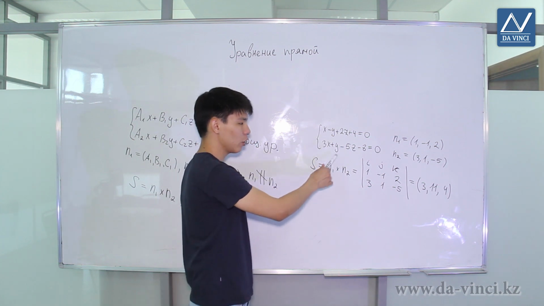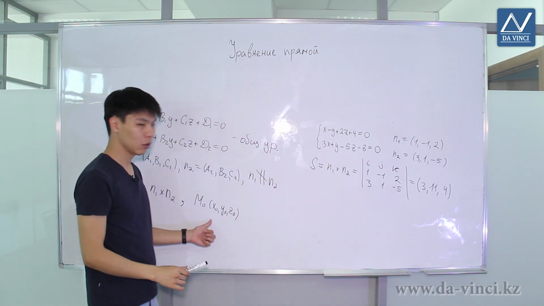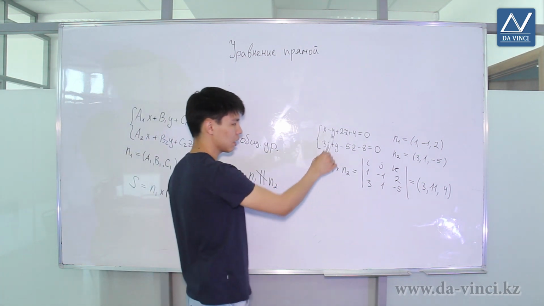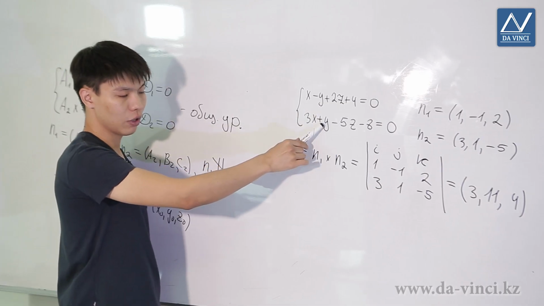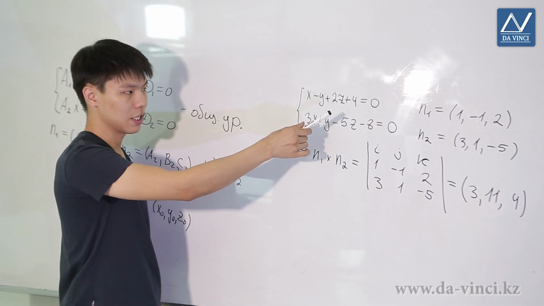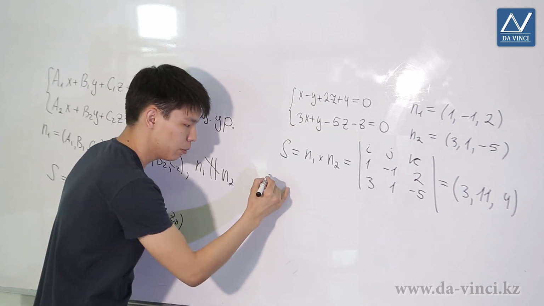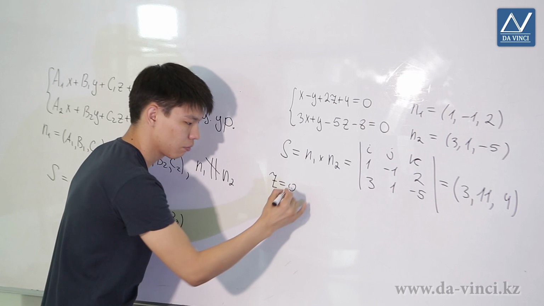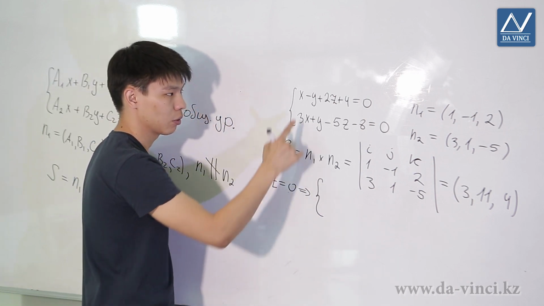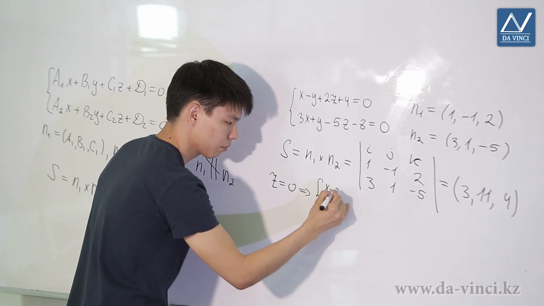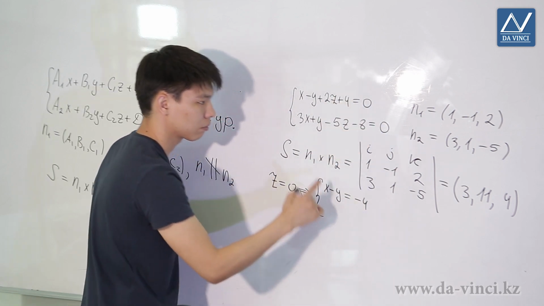Now we need to find some solution to this system. That is, we need to find a point M0. The easiest way to do this is the following. Since we have 3 unknowns and 2 equations, the solution is infinite. Thus, we can take any number as z, for example. It is convenient to take 0 as z. If z is equal to 0, then we get the following system. x minus y is equal to, and we move 4 here, minus 4.